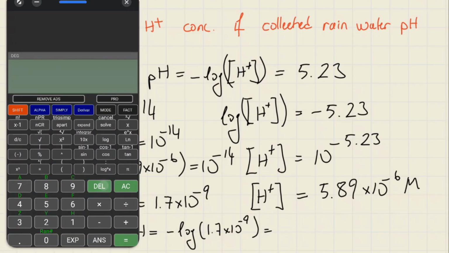And minus log 1.7 times 10 to the minus 9 is 8.7.